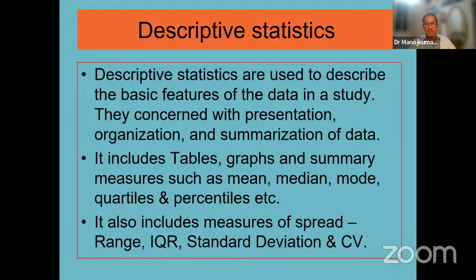So before starting our actual analysis, we have to generate our descriptive statistics to understand about whom these conclusions are applicable. Mainly while generating the descriptive statistics, we generate tables, graphs, and summarize the data in terms of measures of central tendency and measures of dispersion, such as mean plus or minus standard deviation, or median plus or minus interquartile range.